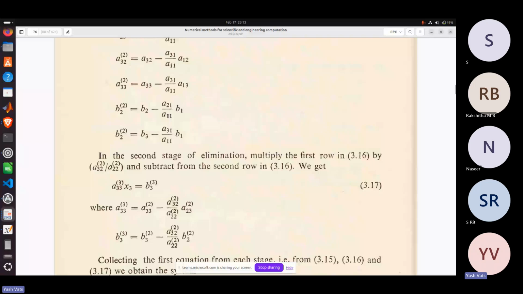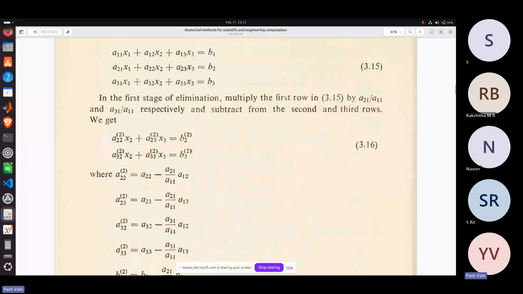In the first stage of elimination, you multiply the first row by A21 by A11 and A31 by A11 and subtract from the second and third rows to get this. So they are eliminating these two coefficients, and then eliminating these two coefficients, keeping things simple.